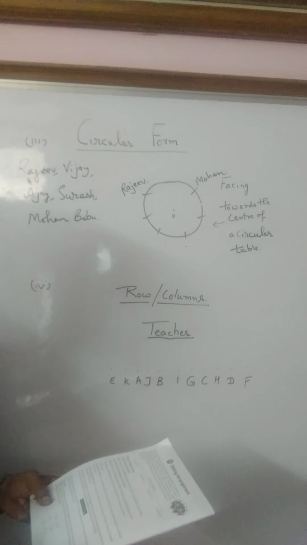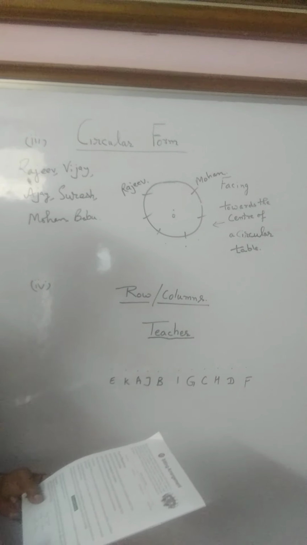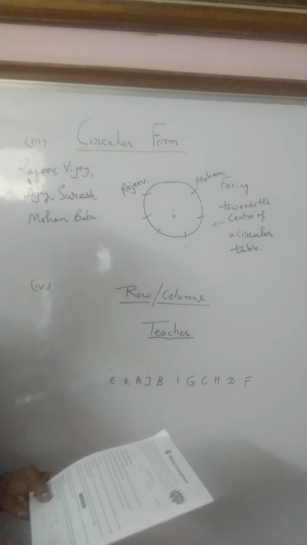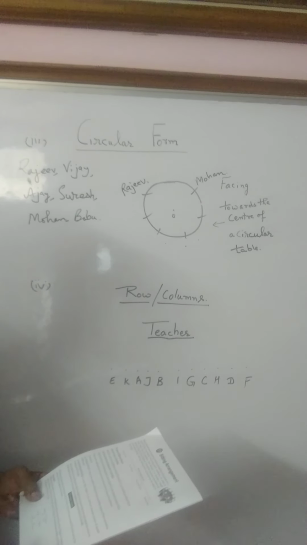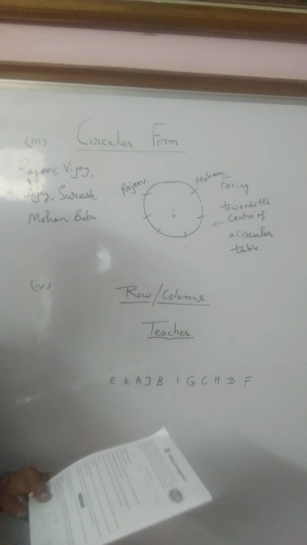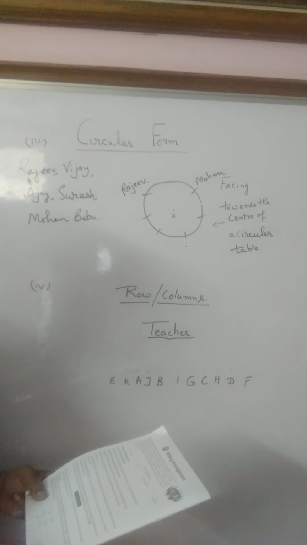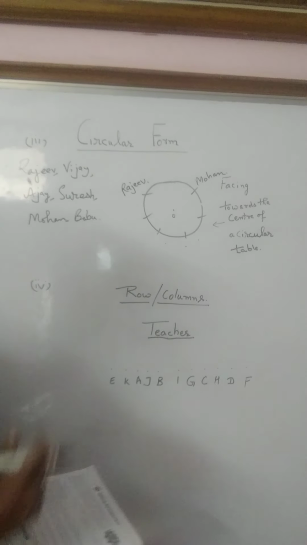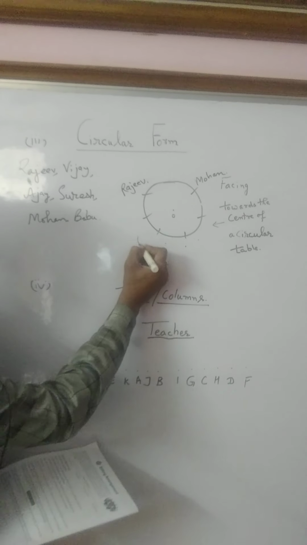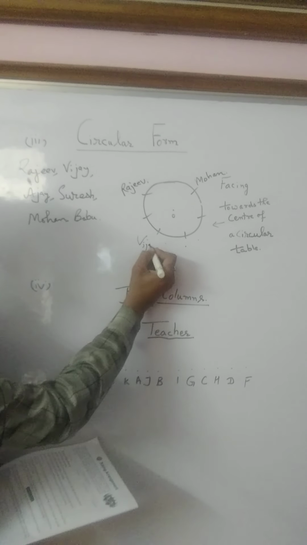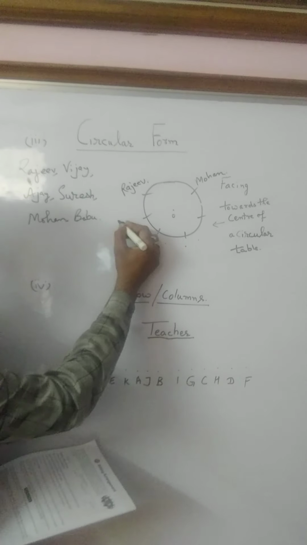Then Ajay is sitting to the left of Vijay. Now the last line is making sense, that is Ajay is sitting to the left of Vijay, means wherever Vijay is, Ajay will be on the left. So Vijay will be sitting here and on the left it will be Ajay.